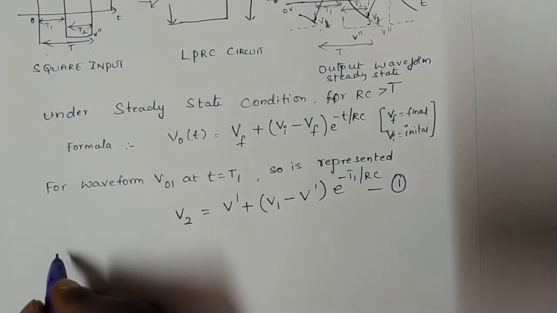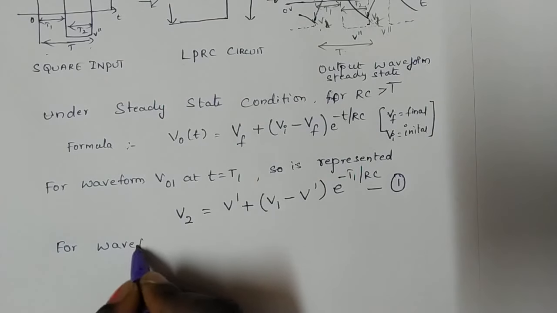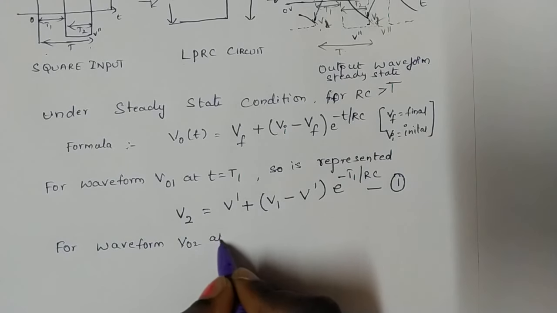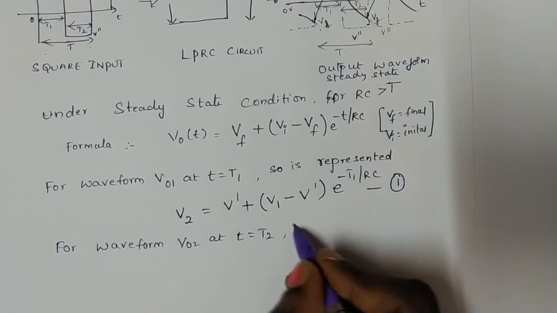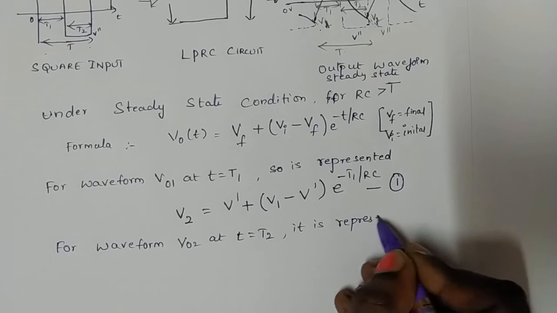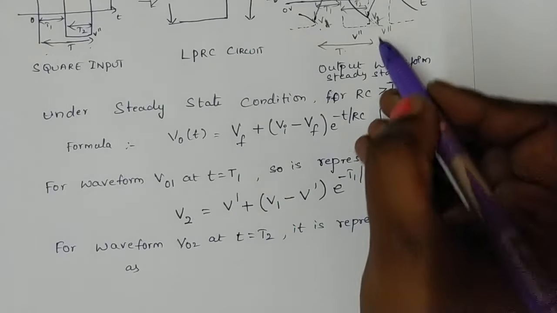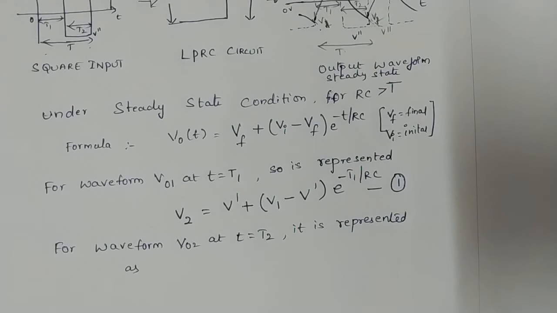For the V02 waveform at t equal to t2, the starting point is V2 and it is discharging down to V1.